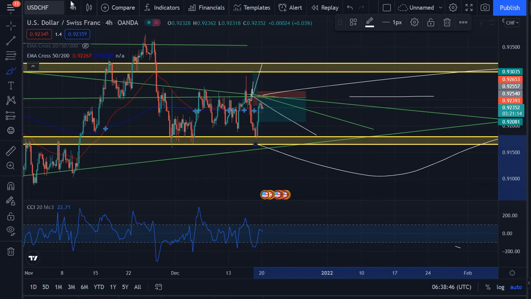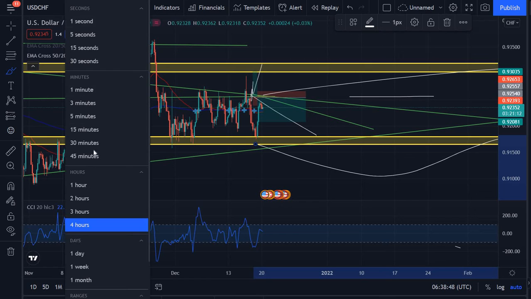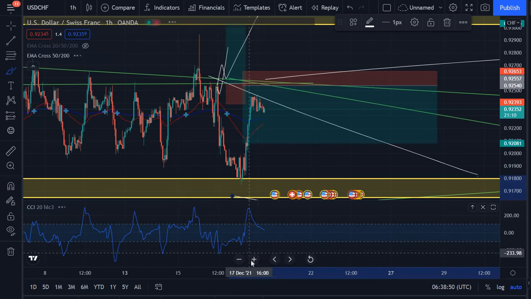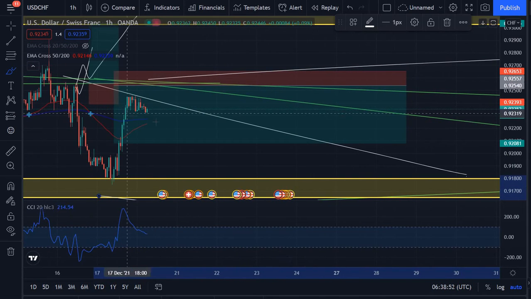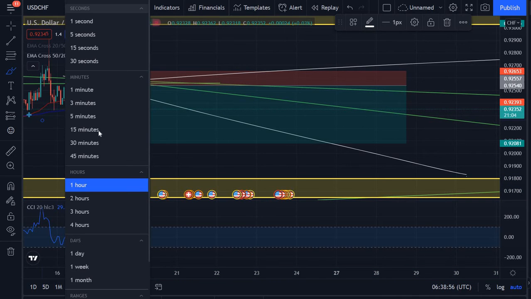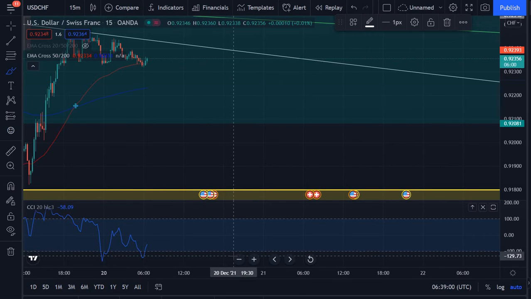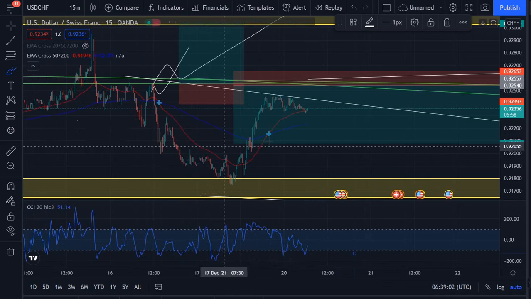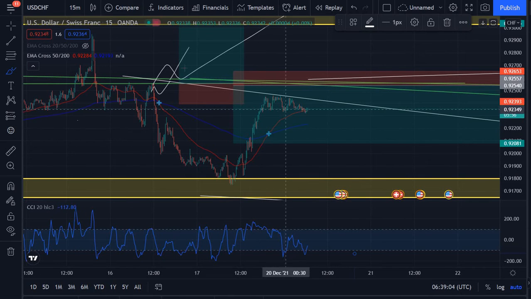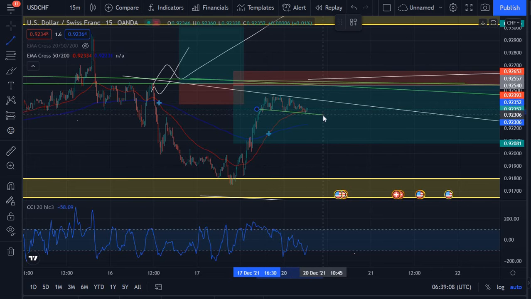Now here if we take a look at the lower time frames, the 1-hour chart is kind of trading above the 200 EMA. Taking a look at the 50-minute chart, here is a bullish cross forming to the upside, and here is kind of a triangle wedge being formed.